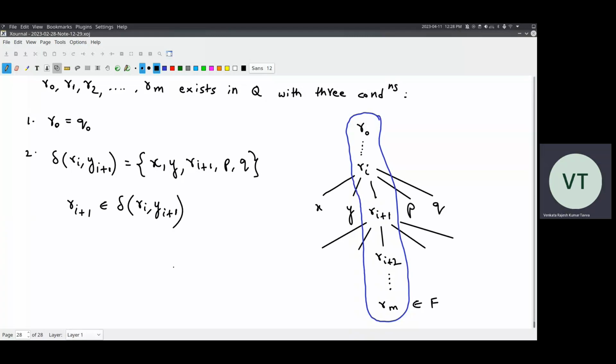That's it. I just know Ri plus 1 is a member of the output set. I don't need to worry about the other members of that set. So rather than saying delta of Ri comma omega i plus 1 is the entire set whose members I don't know, I reverse it by saying Ri plus 1 is a member of the output set. That's all.